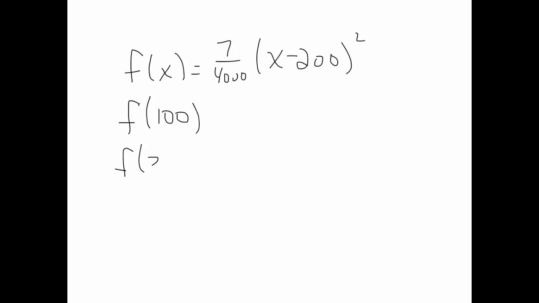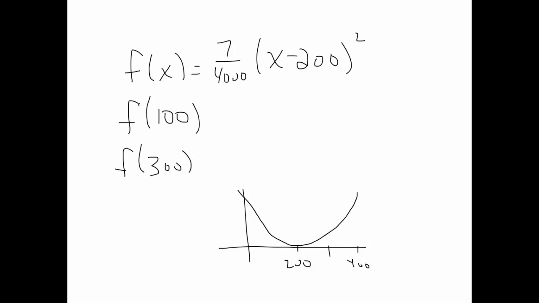So 100 meters from the center, remember the way we drew this, would either be here at 300 or here at 100, and because of the symmetry of the parabola, I really expect the height of the cable in both cases to be equal.